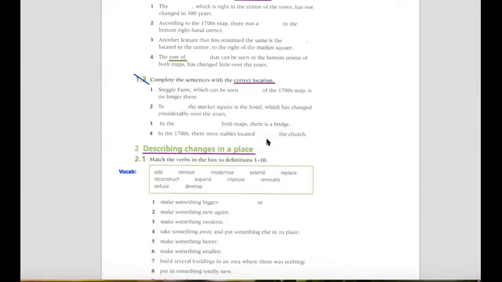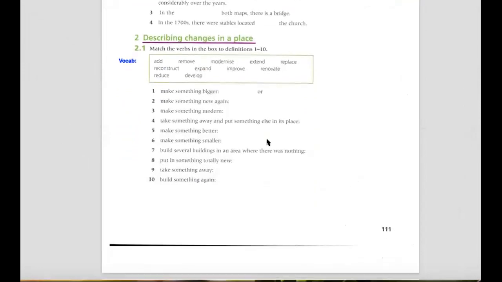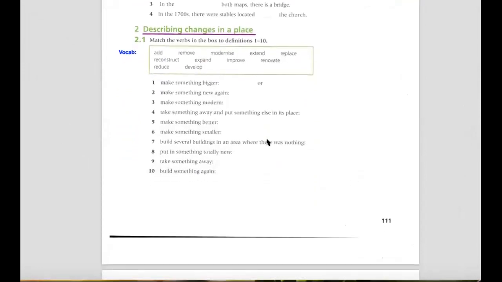All right, let's go back to the main worksheet. So another important thing for maps is describing changes, and we can do this by using a variety of verbs to describe changes. So this is really important vocabulary. Again, it'll improve your score for lexical resource using a variety of language.